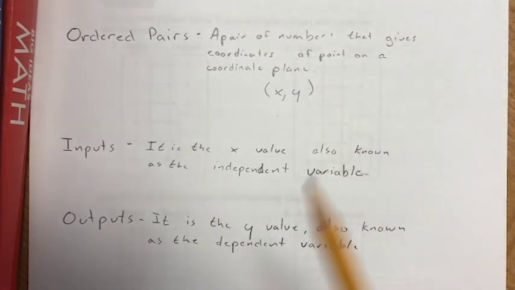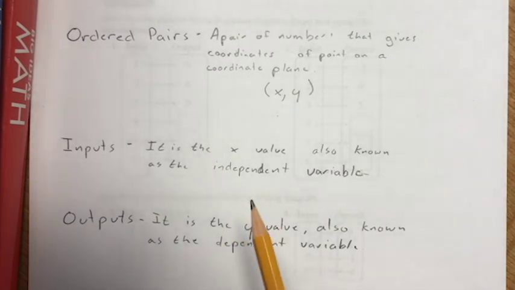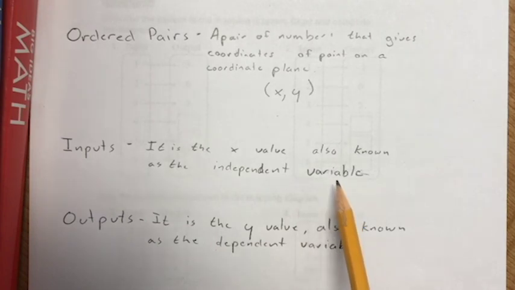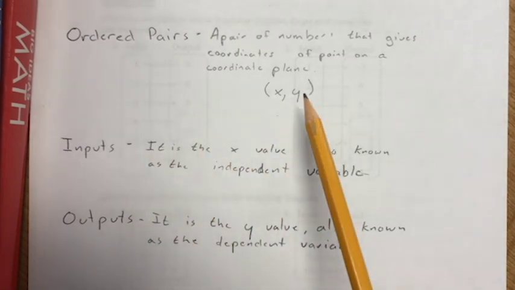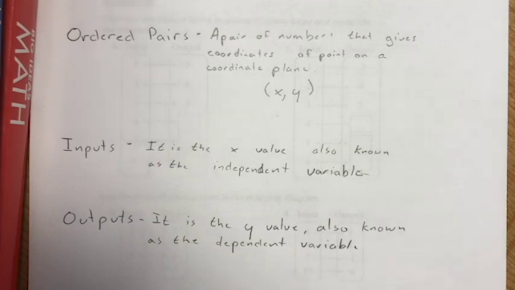Another thing that we also would call, especially in science, and you may see this later on, is what we call the independent variable. So x, input, and independent variable all mean the same thing. And at the same time, y, output, and dependent variable all mean the same thing.